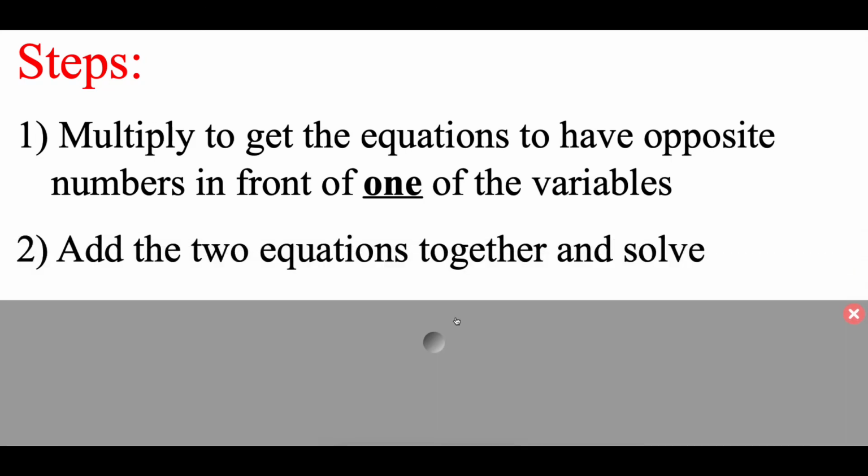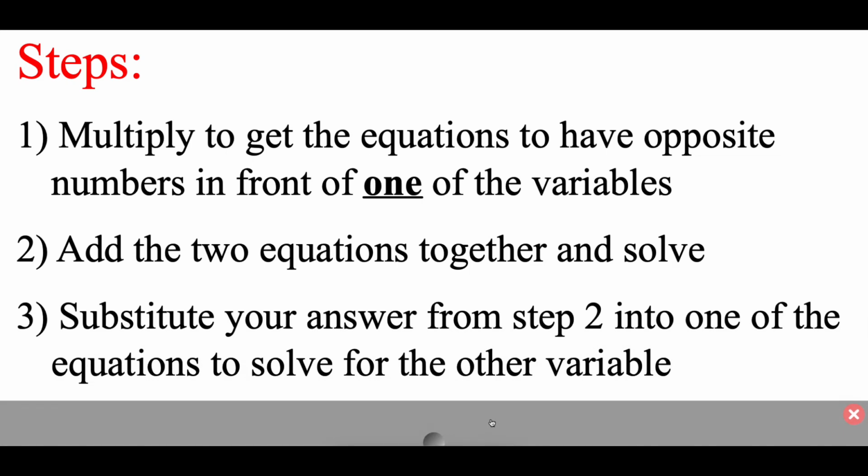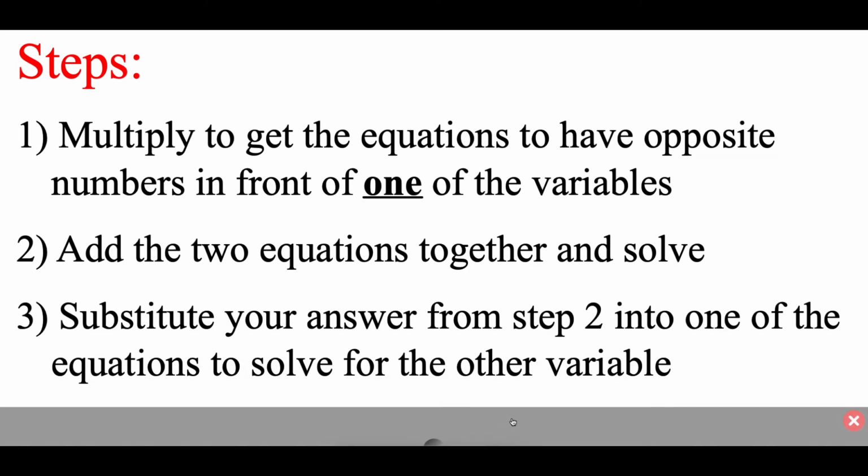Then we're going to add those two equations together, and that should allow us to cancel out one of the variables, and then we'll be able to solve to find a number answer for the other variable. And then, last step, we're going to take that answer from step number 2 and plug it back into one of the equations to solve for our other variable.